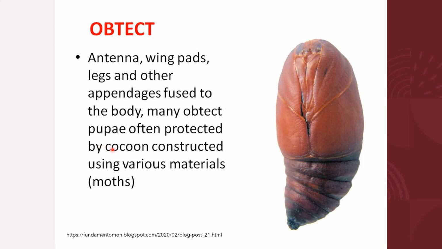So this is exemplified by moths. The diagram shows the moth pupa removed from the cocoon. So when we say cocoon, that is a silky case spun by the larvae of many insects for protection in the pupal stage.